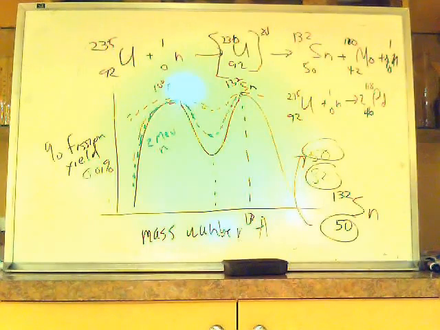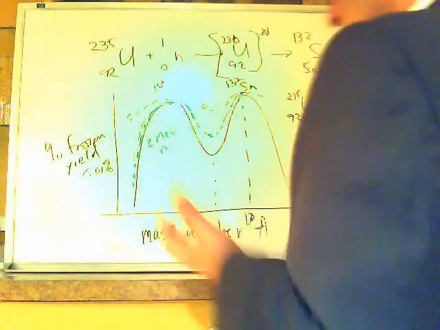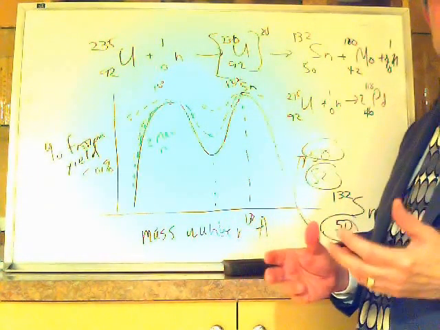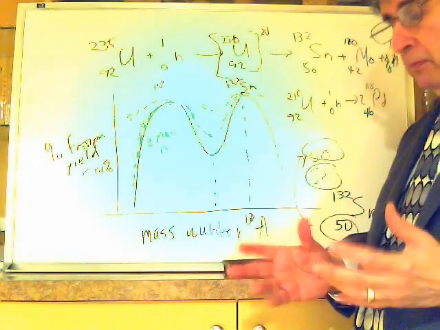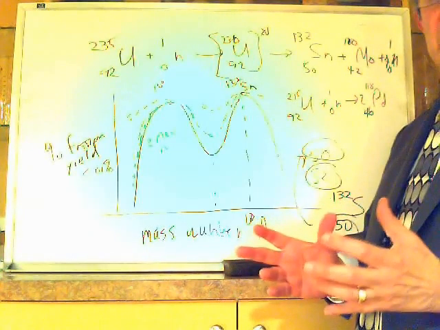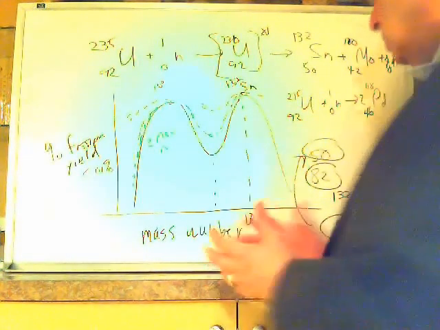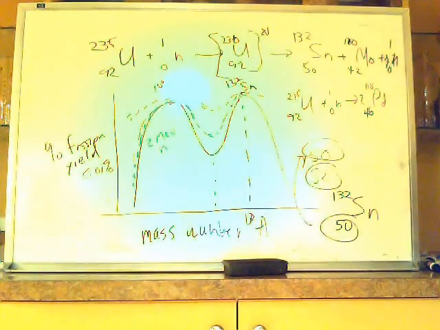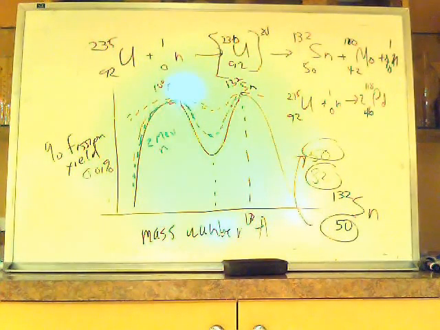There has to be sufficient energy to overcome the barrier to fission, because we're trying to overcome the strong force that's holding the nucleus together. So in order to fission it, we have to have sufficient energy to overcome that force. So that's something that we have to consider.